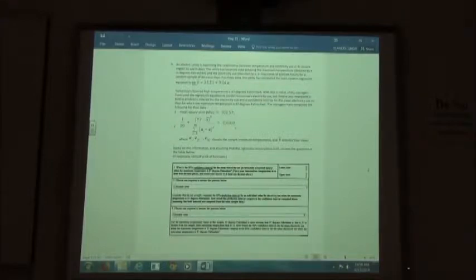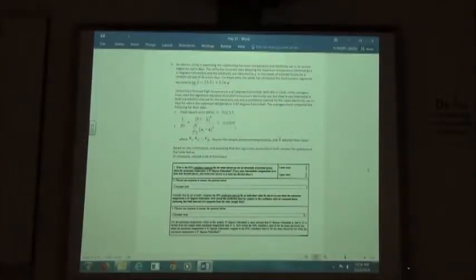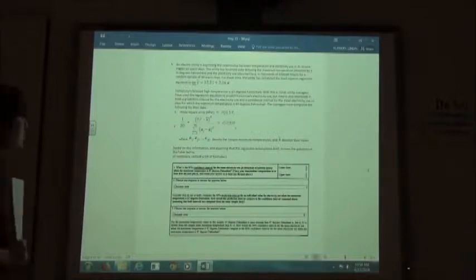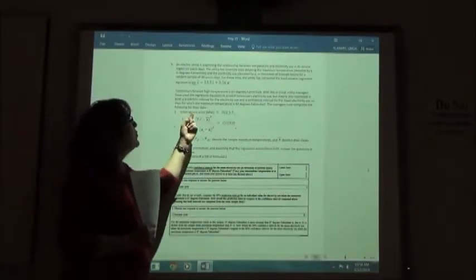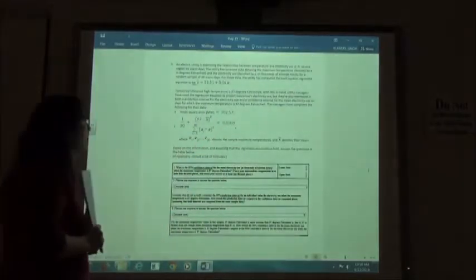But they're also interested in both a prediction interval for the electricity use and a confidence interval for the mean electricity use on days for which the maximum temperature is 87 degrees Fahrenheit. The managers have computed the following data. So again, they're giving you the mean square error, and then they're giving you this value that we used in the formula.